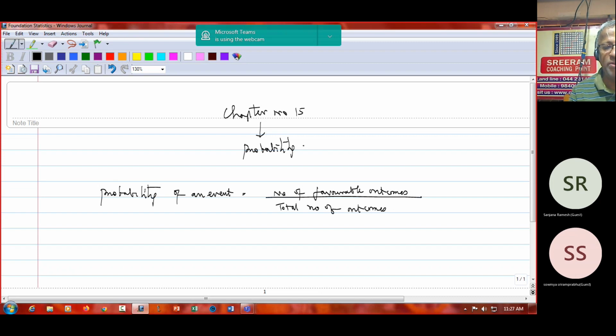So, number of favorable outcomes divided by total number of outcomes. The example that we have taken up was 1/4. From where did we get this 1/4? The correct answer to the total number of answers. Remember the very first math test.